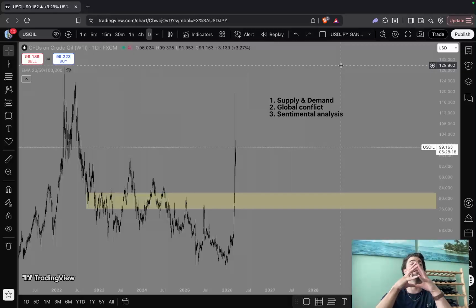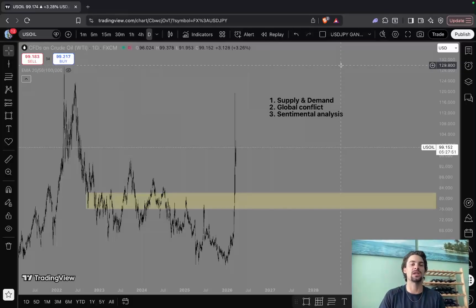So from an investor perspective and from a supply and demand perspective, now we have to consider the sentimental. And this is what investors do. This is what hedge funds do, institutions do, fiduciary advisors do, financial analysts, economists. You have to look at so many factors to consider what the next move is going to be.